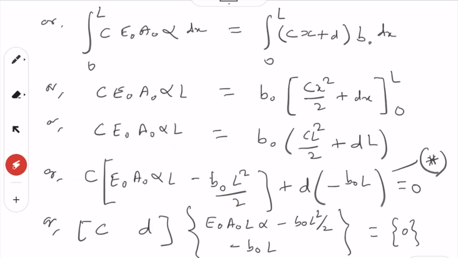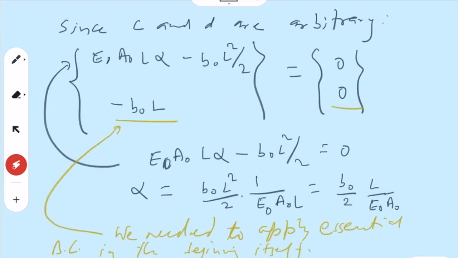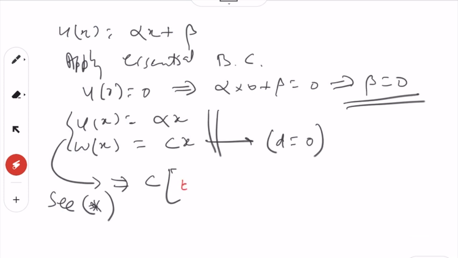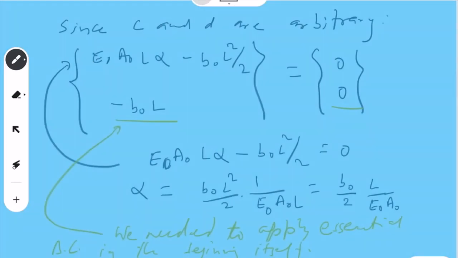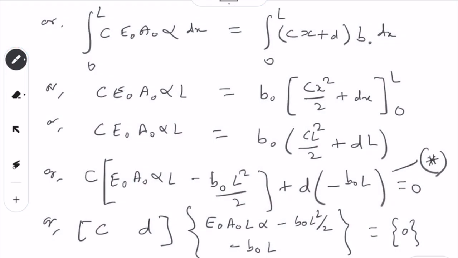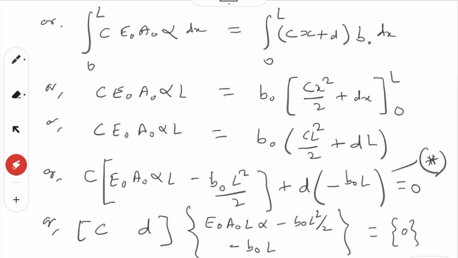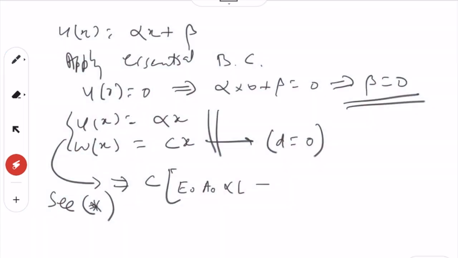So we write C times E naught A naught alpha L minus B naught L square over 2 is equal to 0.